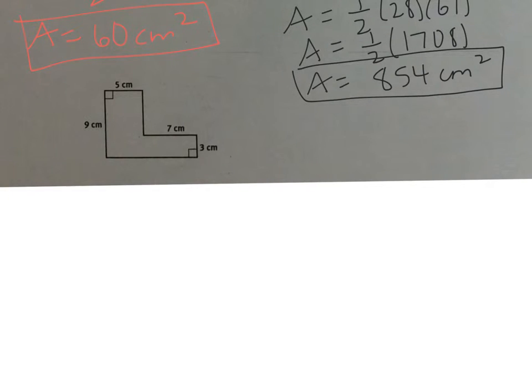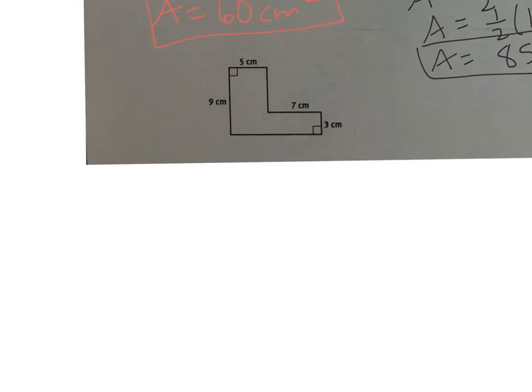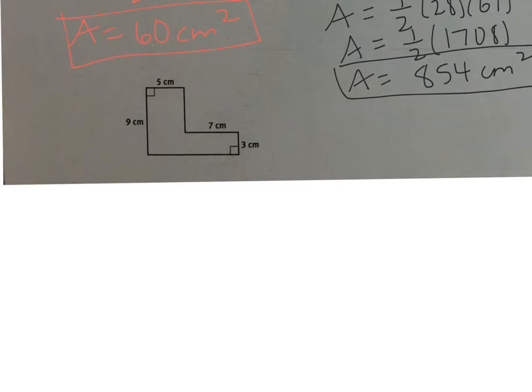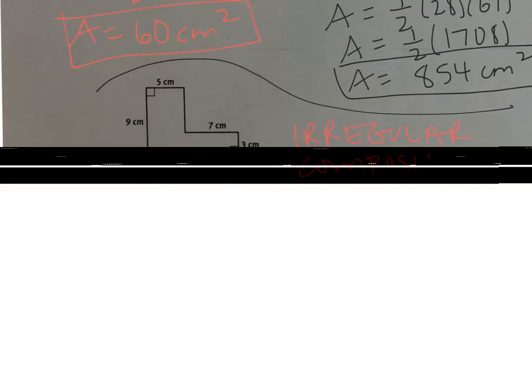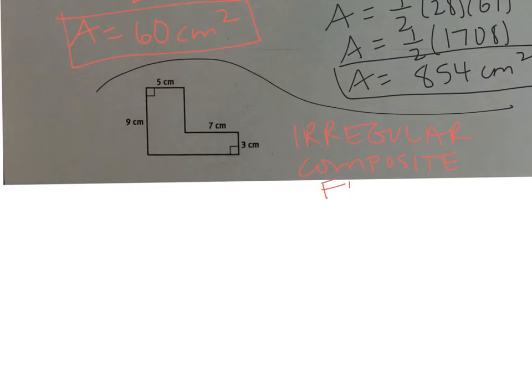And the final one is what we call an, whoopsie, irregular or composite figure because it's made up of more than one shape.